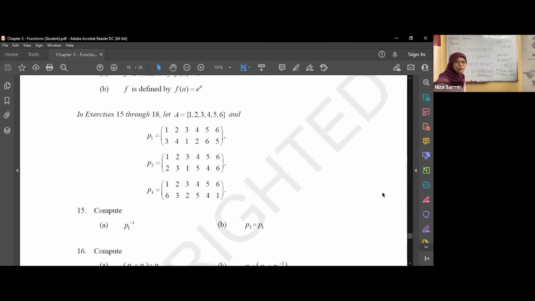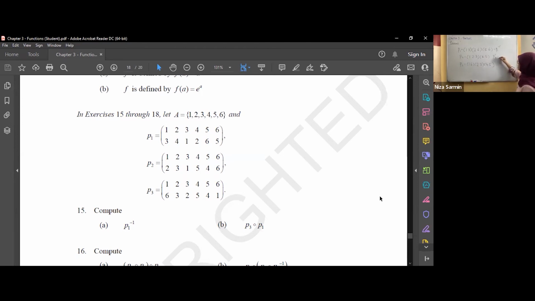Okay. Now we want to write P2 inverse and P3 inverse. Right? Try. Okay, so I write here P2 inverse. So this is just like P1 inverse, yeah?